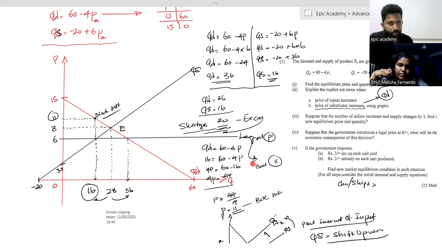Second, quantity supplied is reduced because of the legal price from 28 to 16. Because of that, excess demand arises. Excess demand always derives a shortage of the commodity. The shortage amount is 20. Because of that shortage, a black market price arises. The black market price is 11. Those are the economic consequences.